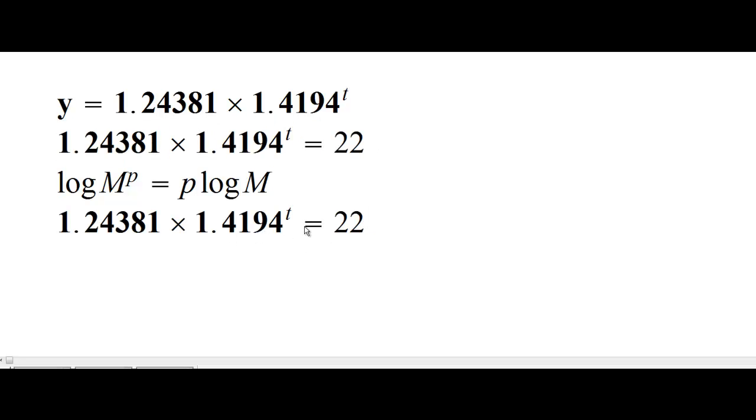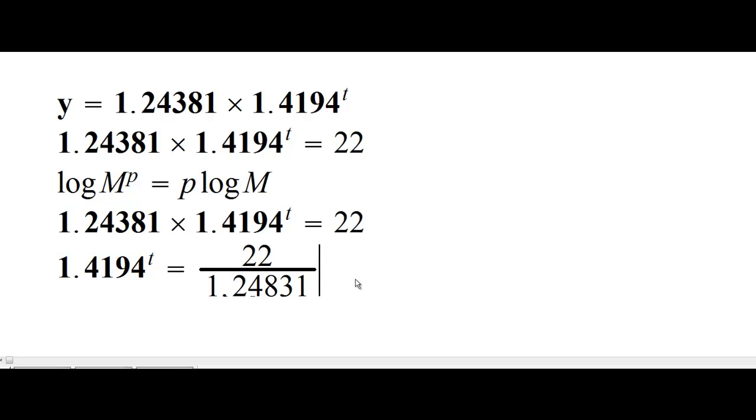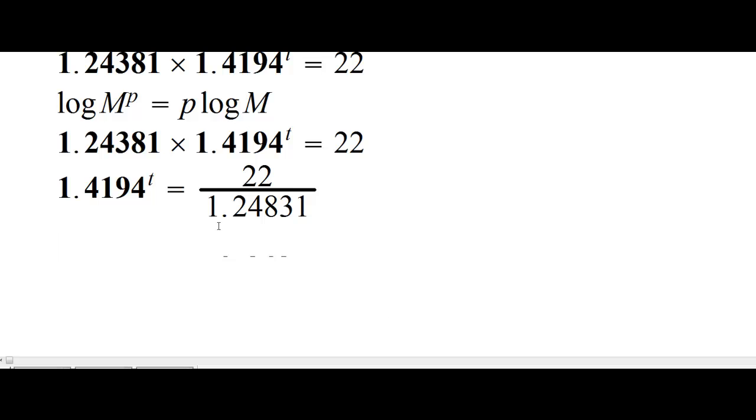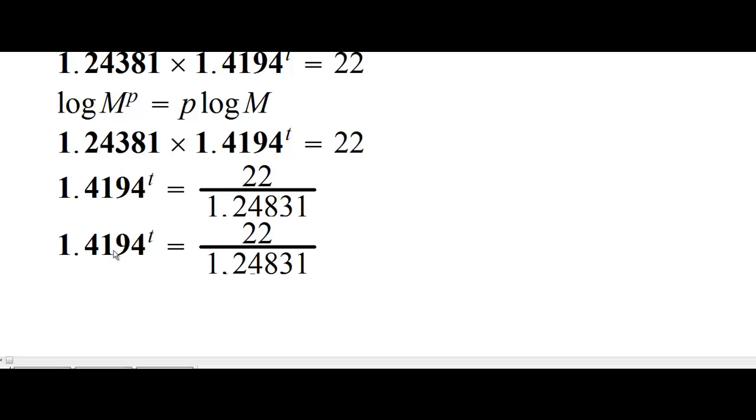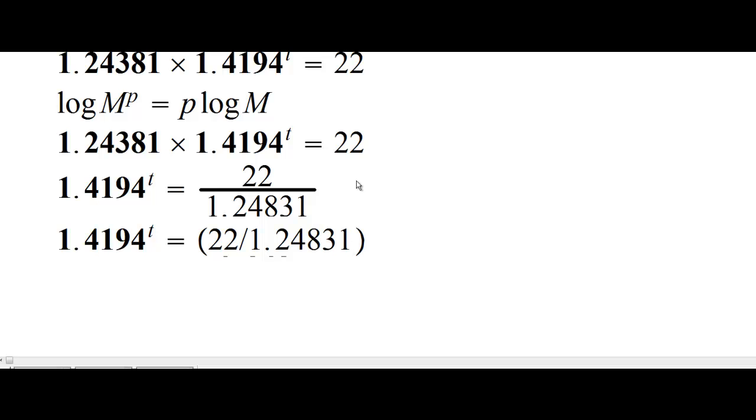Okay, so here we go. We have this equation. As in the case of any equation like this, our first task is to divide both sides by this, so that we are as close to isolating t as possible. So we have 22 divided by 1.24831.